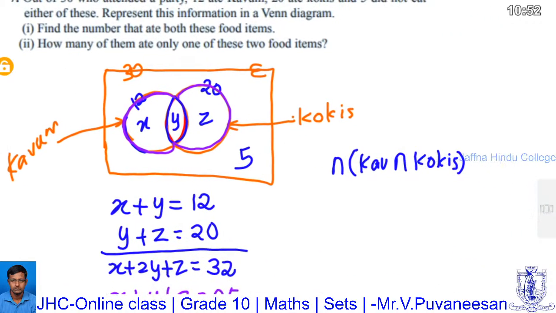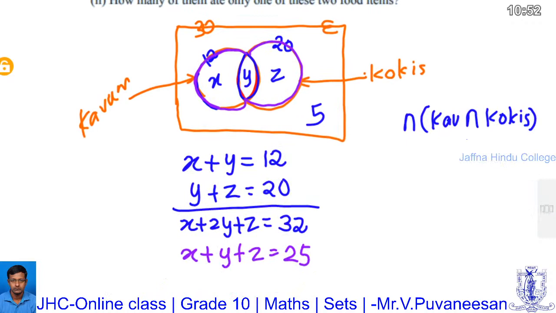Understood? x plus y plus z equals 25, because outside the two circles there are 5 and the whole universal set contains 30 members.